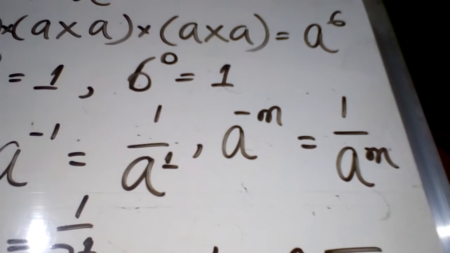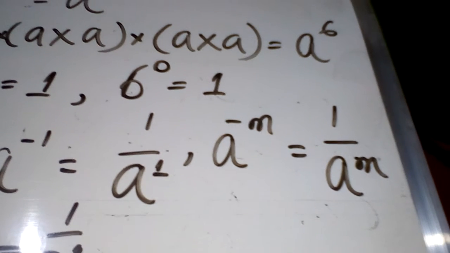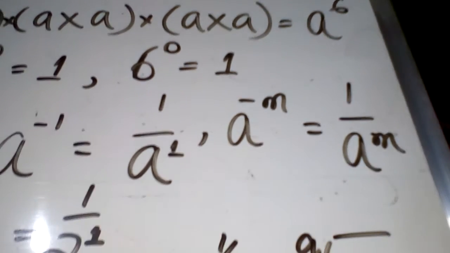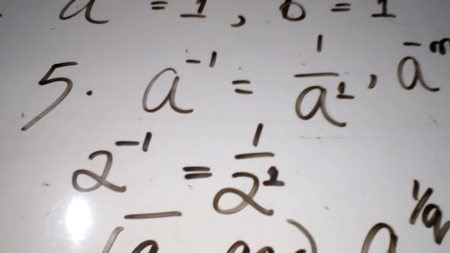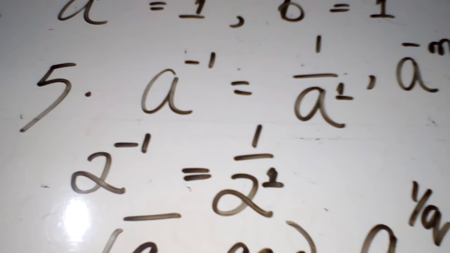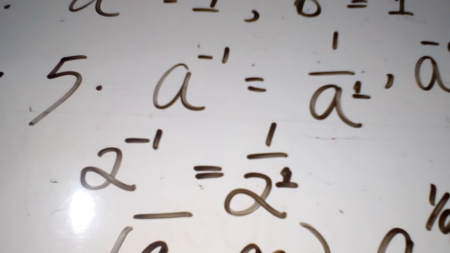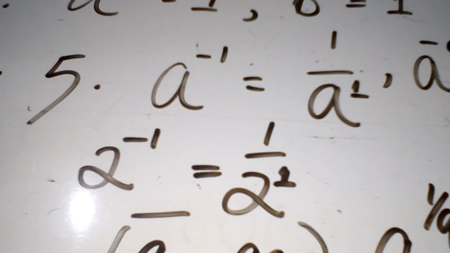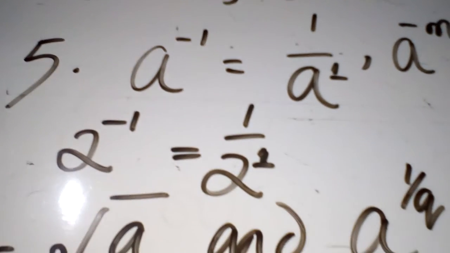Or if you have a to the power negative m, your answer basically would be 1 over a to the power m. In this instance, there's an example of 2 to the power negative 1, which is basically half. You simply have 1, because it's an inverse of 2 actually, so you simply have 1 over 2 to the power 1, which is half.